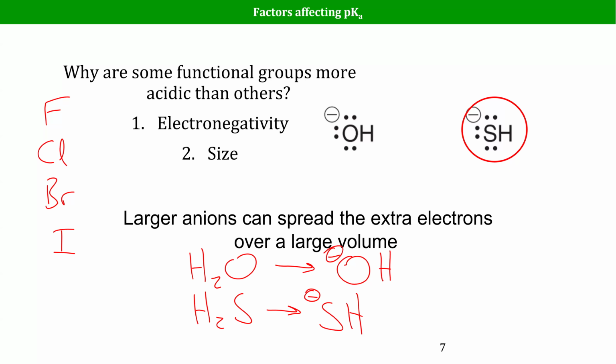Because it always is, right? You want to consider it's not necessarily about what you start with that makes it acidic, it's how stable is the deprotonated form.